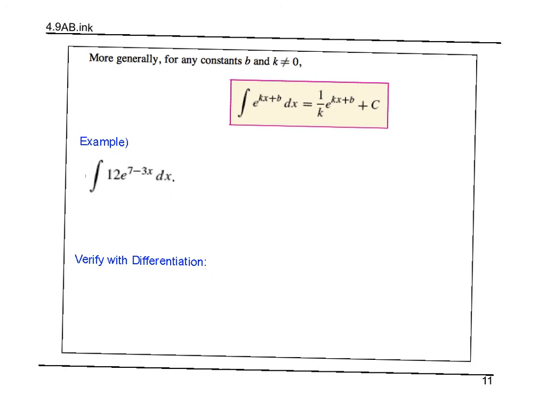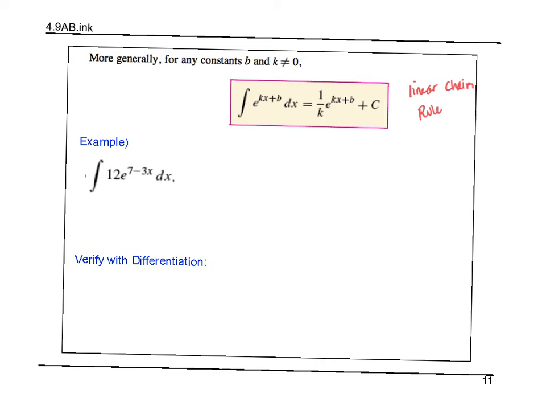Okay, so here is the beginning of what I refer to as a linear chain rule. Later in this chapter, we will learn the chain rule in its entirety for the integration process, but for now we're just looking at a linear chain rule. So what this is saying is if you have an mx or a kx plus b as your input, and this will work for e to the x, it will work for trig, it will work for any linear chain rule.